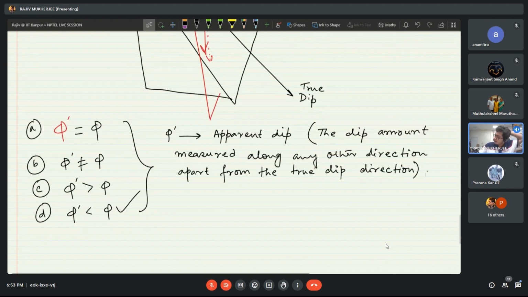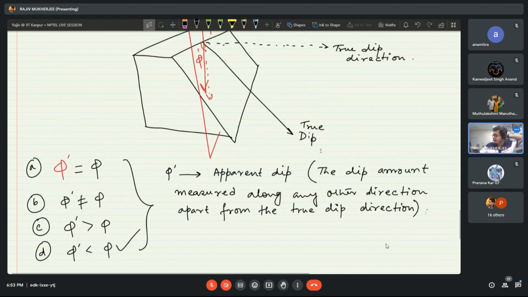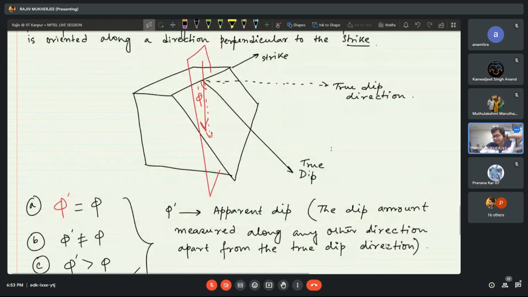Now the question is, why is it always that apparent dip will be less than true dip? Can it not be greater than the true dip? Why is it that whenever we measure the dip along this direction, it is the highest, and in any other direction it will be less? Any clue?